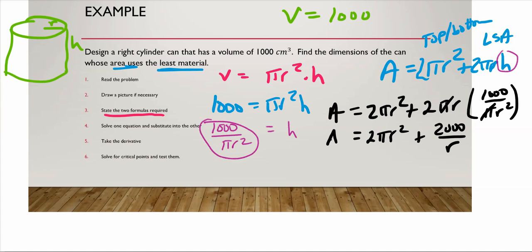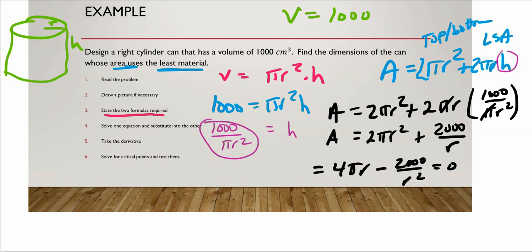So now I'm going to take the derivative, and I'm going to end up with 4 pi r. And remember what I told you, memorize the derivative of 1 over x, which is negative 1 over x squared. So this is going to give me negative 2,000 over r squared, and I set it equal to 0. So I'm going to be solving this equation.